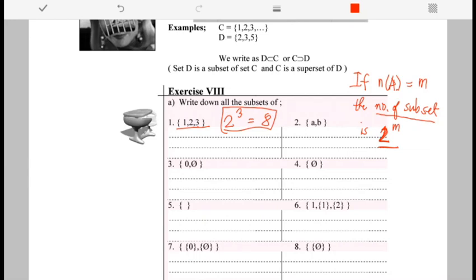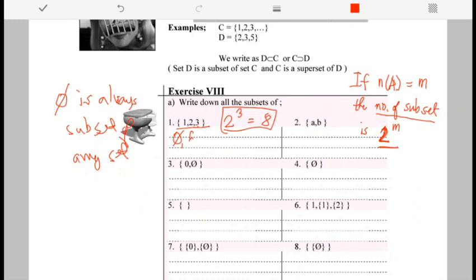Another technique is to consider that your empty set is always a subset of any set. Again, an empty set is always a subset of any set. So here, the first one is your empty set.